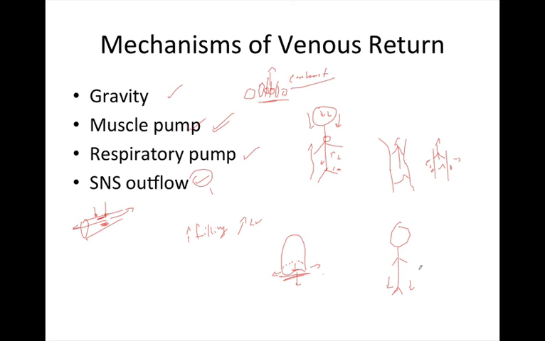The dependent regions of your body are the areas that gravity takes the highest toll on or has the greatest effect on, which is the lower parts of your body, your feet and so on. That's why if you stand for long periods of time, your feet are going to look a little swollen, because you are going to return less blood back up to the heart.